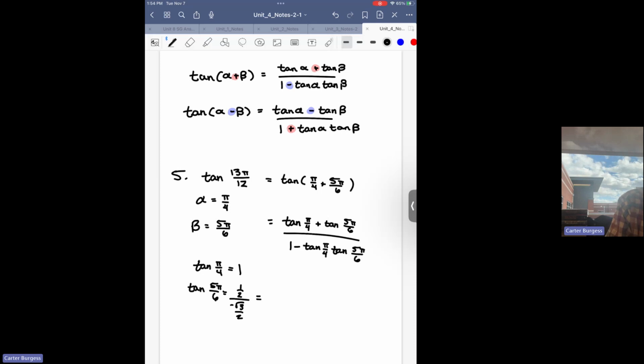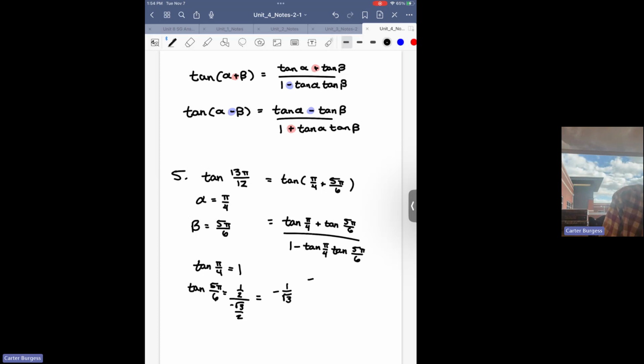Clean that up a little bit. You should get negative 1 over root 3. You could also write this as negative root 3 over 3. Either way is fine. So close with the root 3, but the reciprocal in this case, the x and the y flip-flopped.